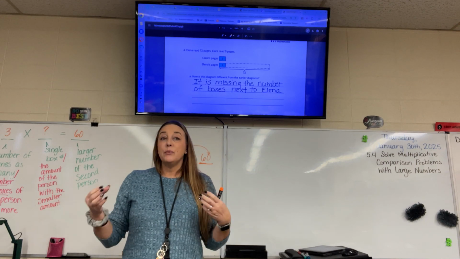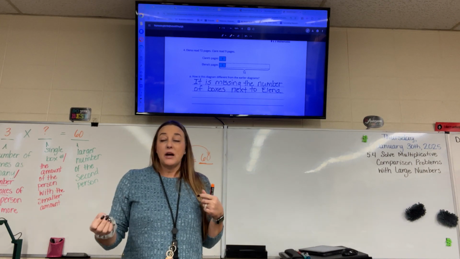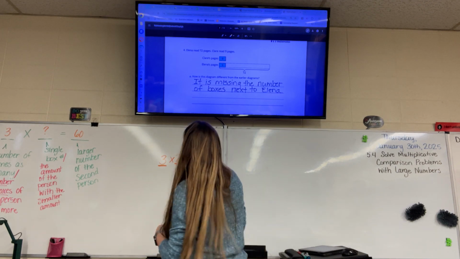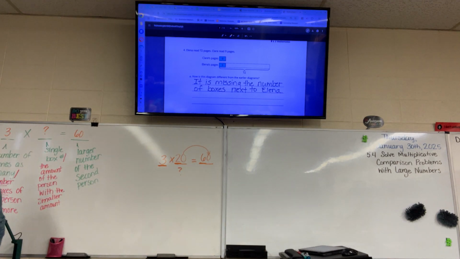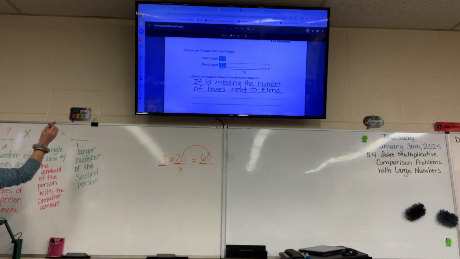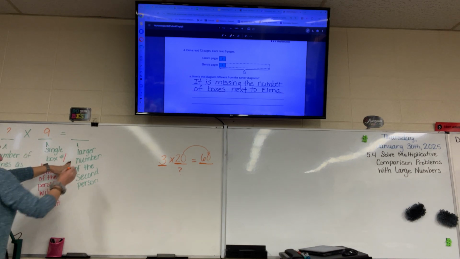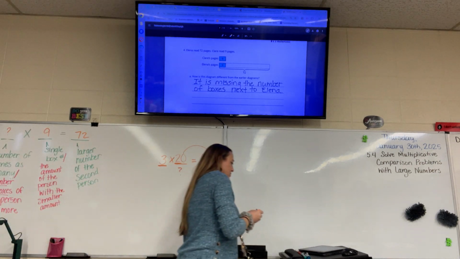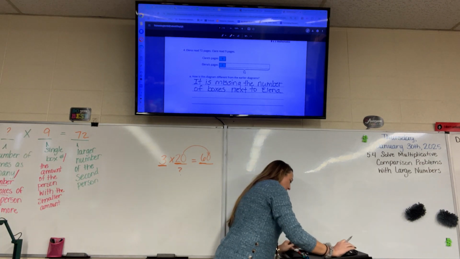So anytime in a multiplication problem that you've got 2 out of the 3 parts, then you can figure out the third part. So what we have is we don't know the times as many. So we don't know this number, but we do know the single box number, which is 9. And we do know the larger number of the second person, which is the 72. Okay? So what are we missing then?